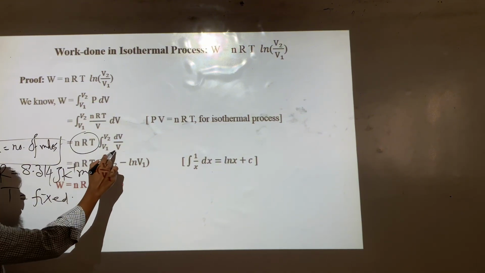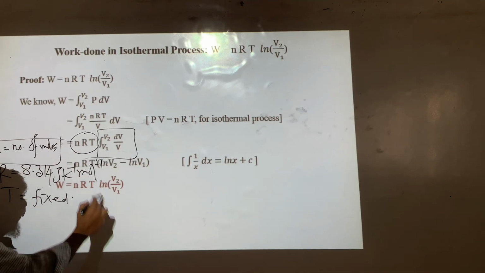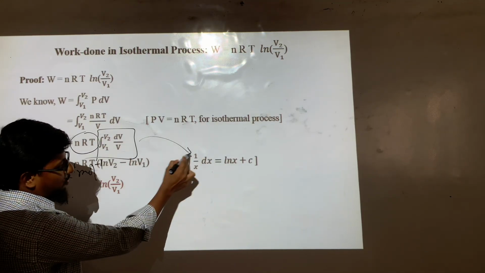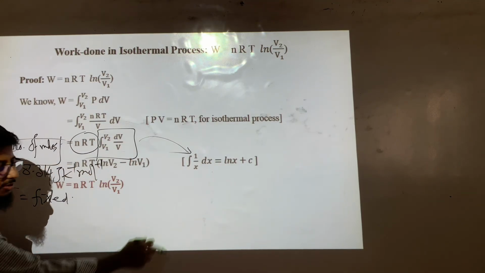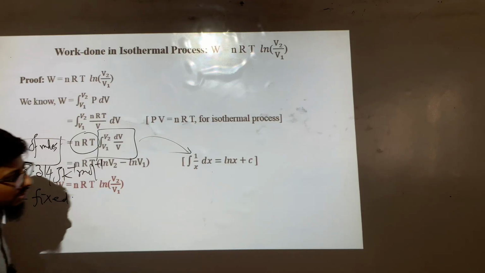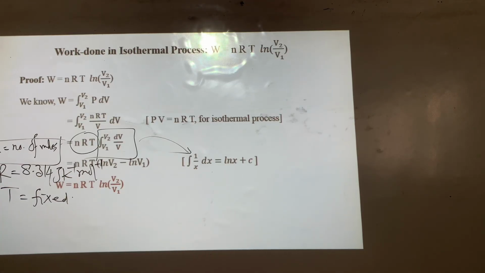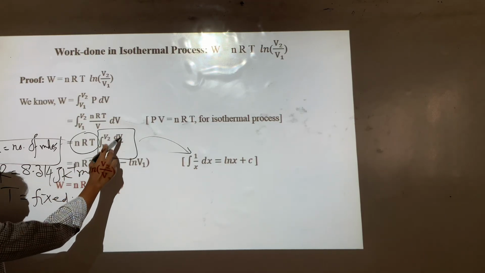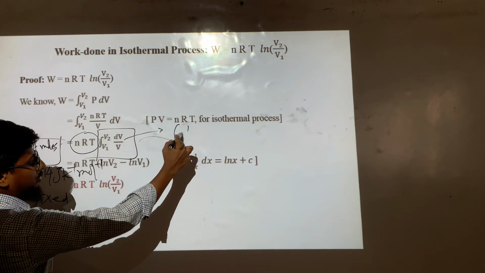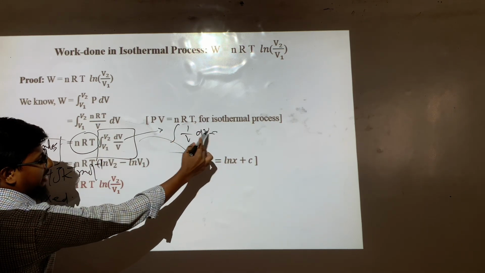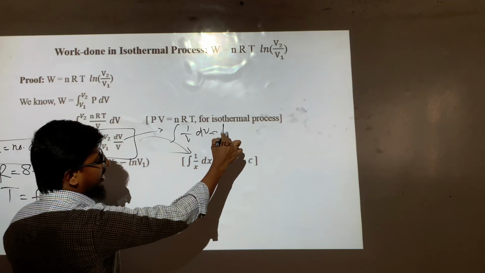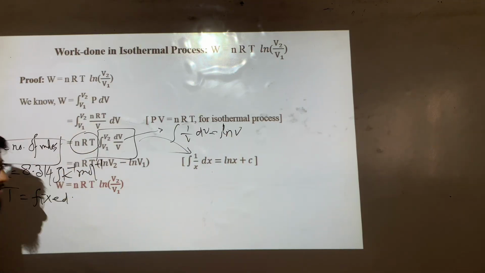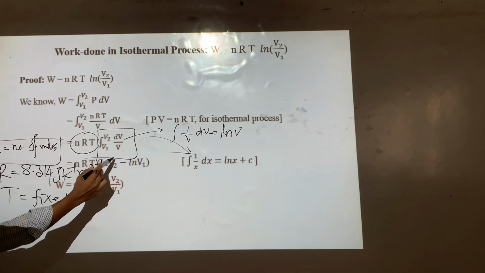Now we're going to integrate this part right here. So I have written the formula for it: you know that 1 by x times dx is equal to ln of x. So if it is 1 by v into dv, then following this formula you can write ln of v. So I've just done that right here.